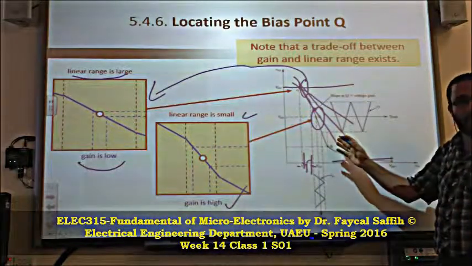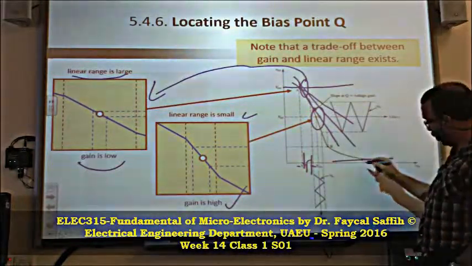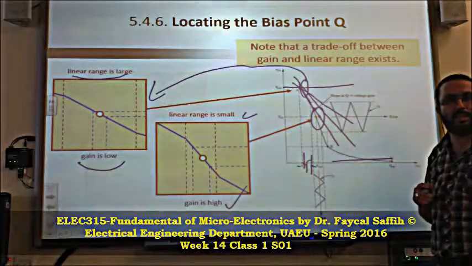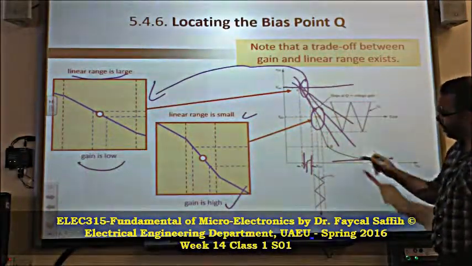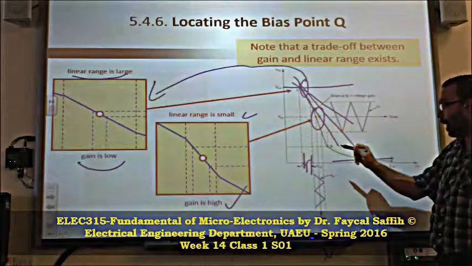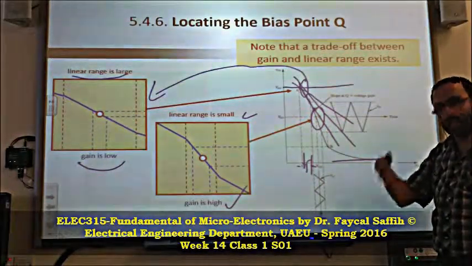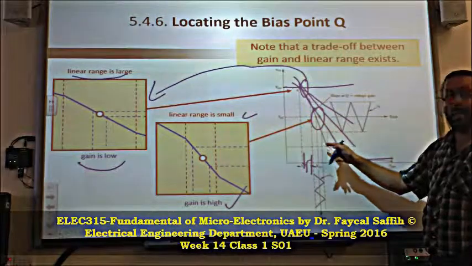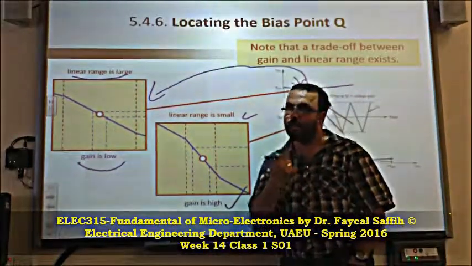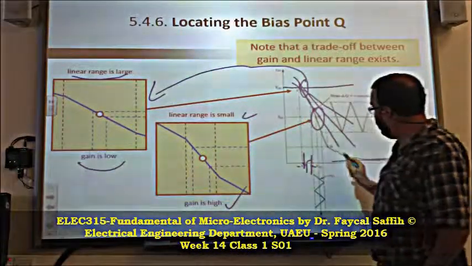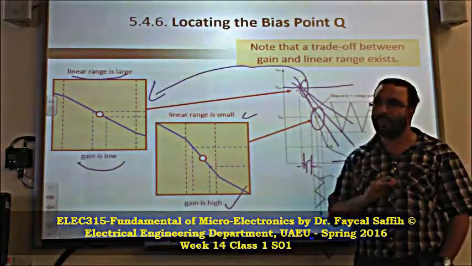The linearity will definitely improve because I'm close to the flat. So the linearity will improve, the gain will go down, and also the swing will go down. Okay, very good point. So, basically, A and B are very equivalent.